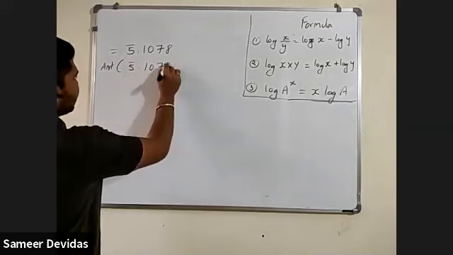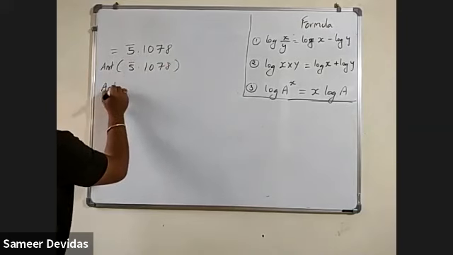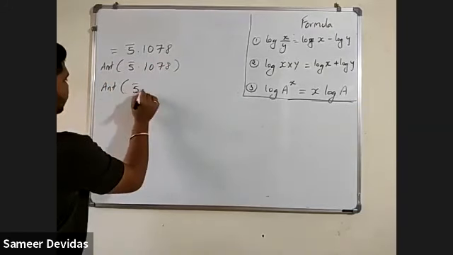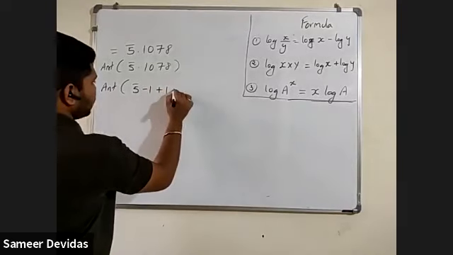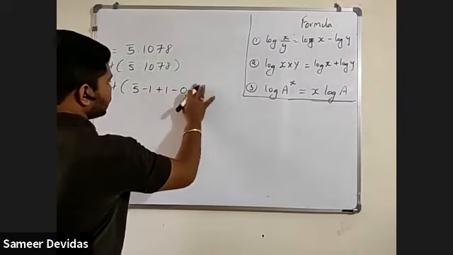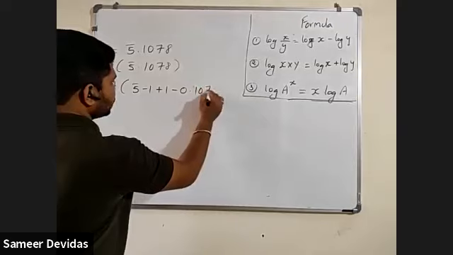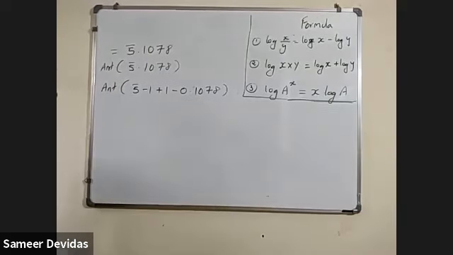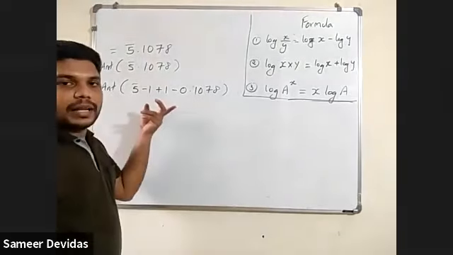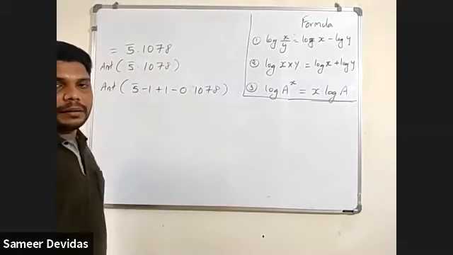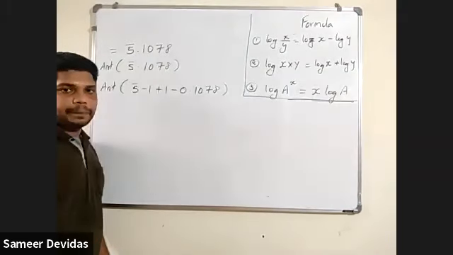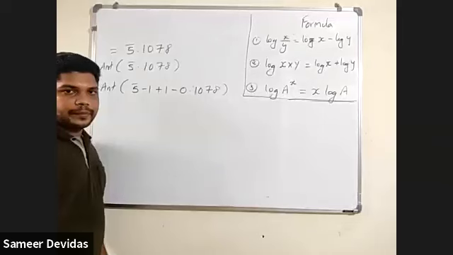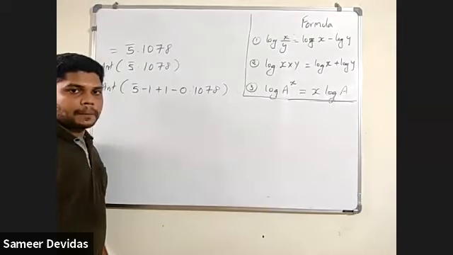So anti-log of bar 5.1078, we have to use the -1 + 1 rule: -5 -1 + 1 minus 0.1078. Till here, does any student have any difficulty? You can ask me.